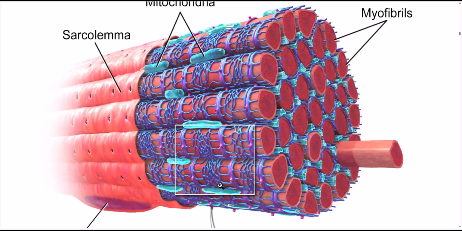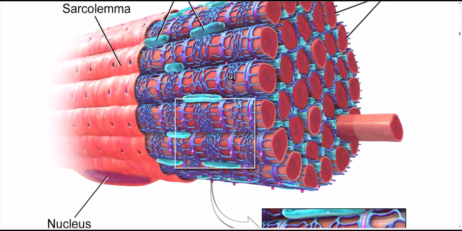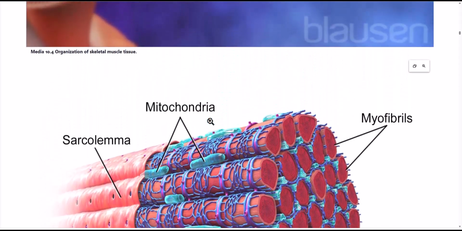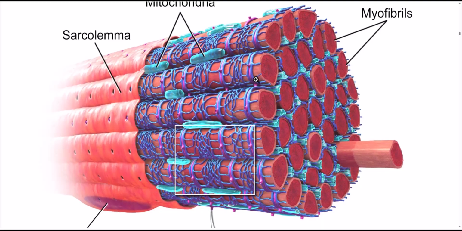The other thing I note that's very unusual looking here is that there's this web, this network of membranes all along the myofibrils. This purple web is the sarcoplasmic reticulum. So the sarcoplasmic reticulum that I just mentioned is that network of calcium storing membranes. And here's where the calcium is being stored.